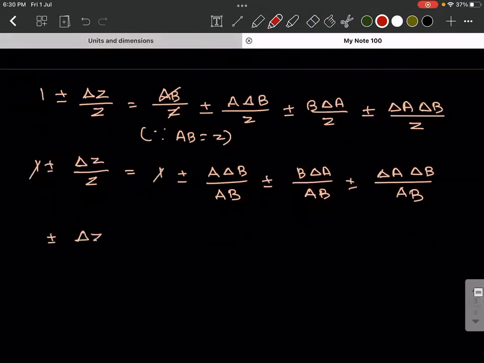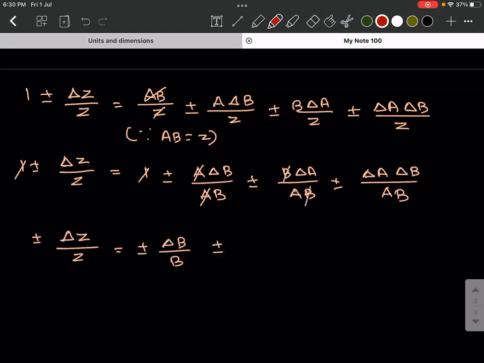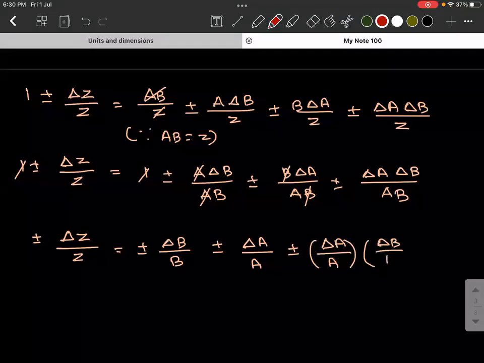Plus or minus delta Z divided by Z is equal to plus or minus delta B divided by B, plus or minus delta A divided by A, plus or minus delta A by A into delta B by B.